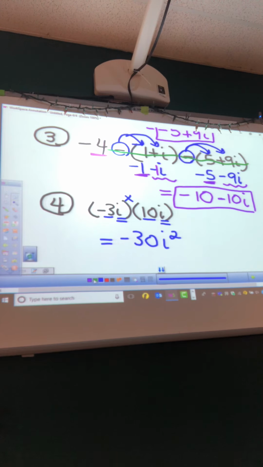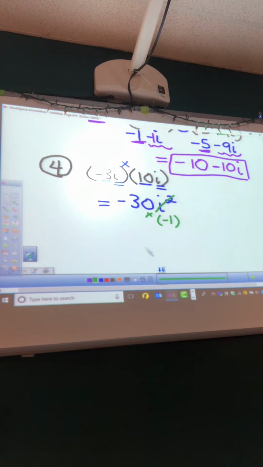And remember how I said, oh, we're probably going to see an i squared when we multiply? We do. i squared is really what number again? Negative 1. Negative 30 times negative 1 really gives me an answer of positive 30. And that would be our answer. Okay?